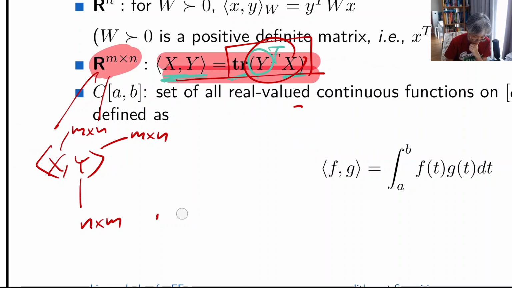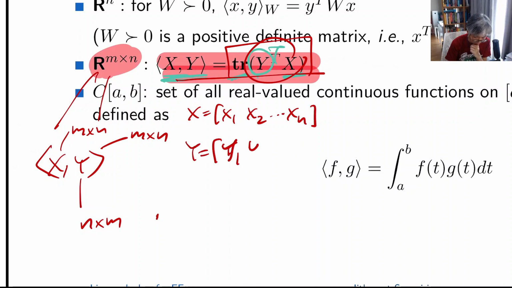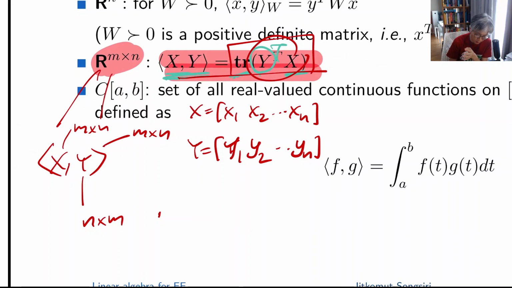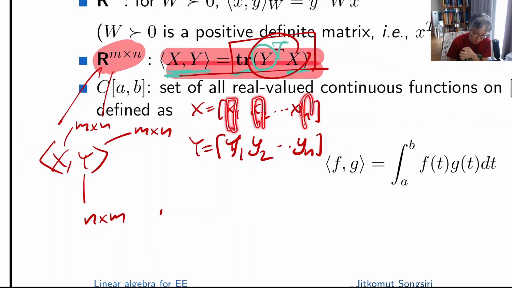You can also characterize this in a more detailed way. If x and y are matrices, how about I partition x into columns like this, and y into columns like this. So yk here is not a scalar, but a column vector.